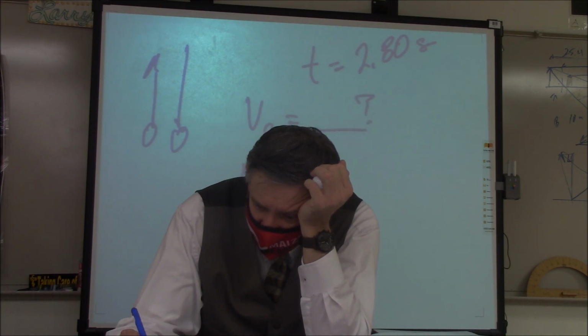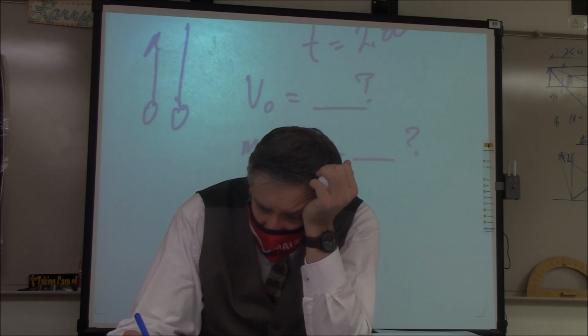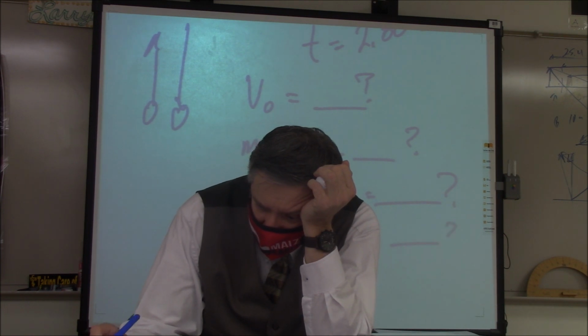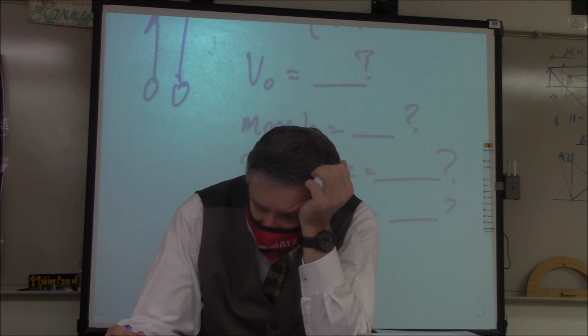So from that, I want to determine my initial velocity, okay? I want to find the maximum height, okay? I want to draw a position time graph. I want to draw a velocity time graph. I don't know why I'm putting question marks on the end of those.